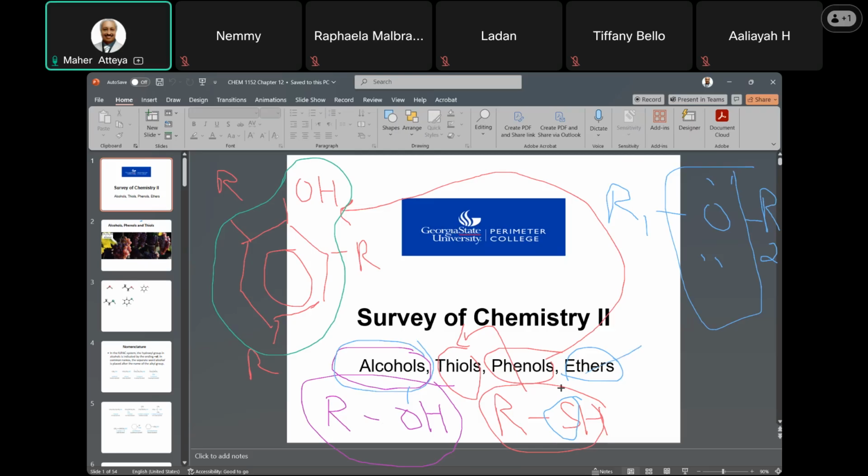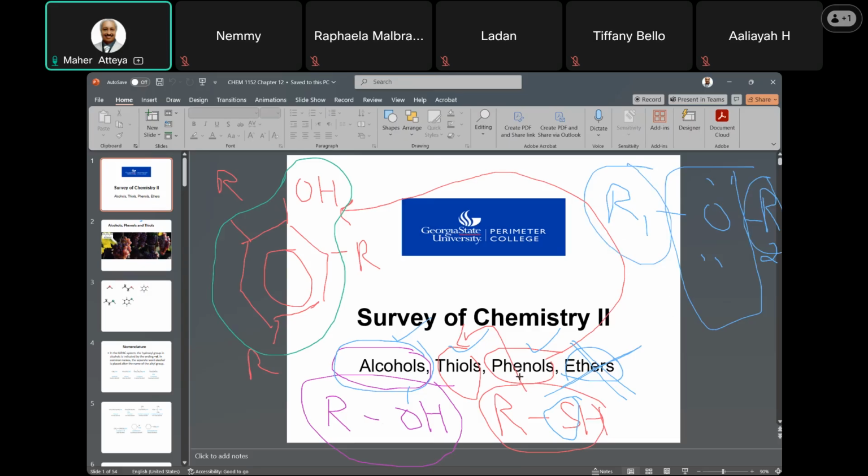Phenols are polar. Ethers in general are not polar, because the electronegativity of oxygen is restricted by the size of those big R's, making the ethers not polar.